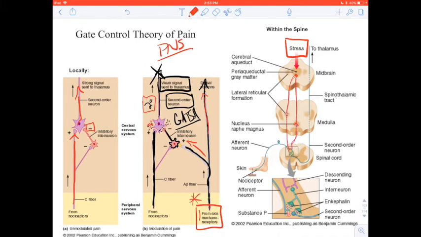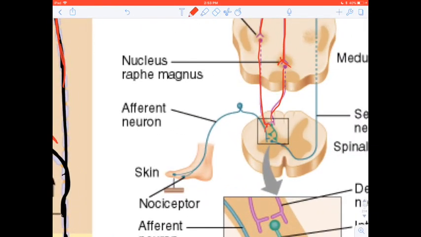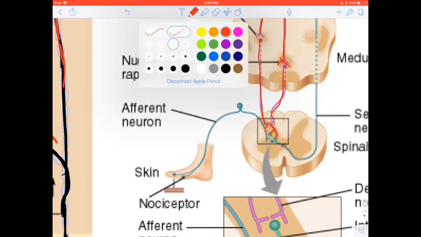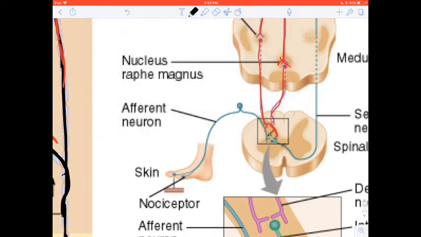This is all over here, completely within the central nervous system. Right? So we activate those, and we look here, and we still have that inhibitory interneuron right there. And it's going to do the same thing.